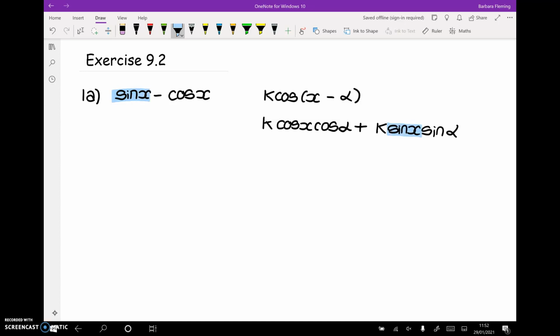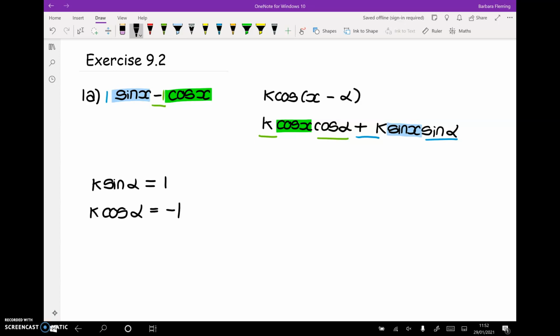So everything in that term, on the right-hand side, k sin alpha is going to be equal to 1, the only thing that sits next to that sin x. Then for our cos terms, we've got cos x here and cos x here, and looking at what's around these, we've got k cos alpha equals minus 1. Always be careful of your signs here.